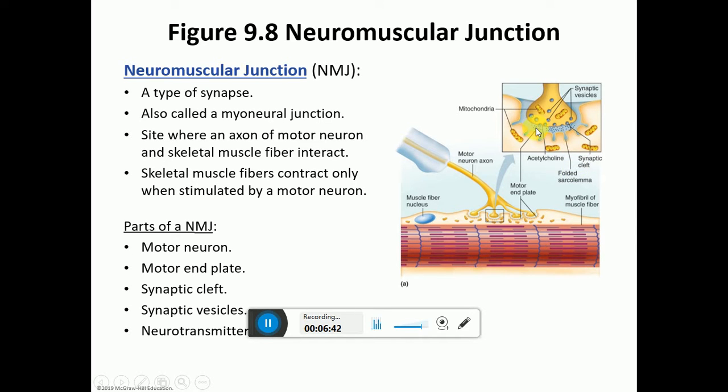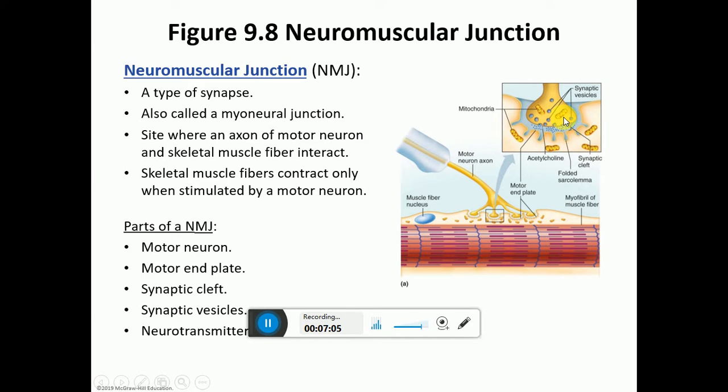So you have here the neuron terminal, or the end of the motor neuron, and inside of it you can see these little tiny vesicles. Those are synaptic vesicles that contain neurotransmitters, which are chemicals, and the neurotransmitter in the neuromuscular junction is acetylcholine.